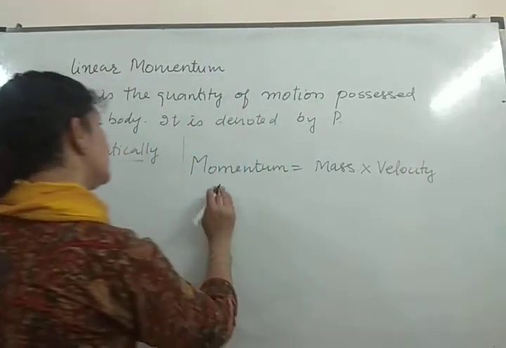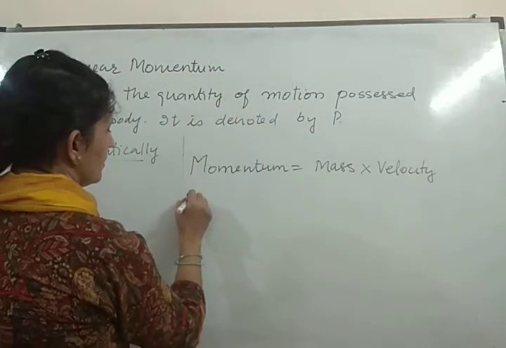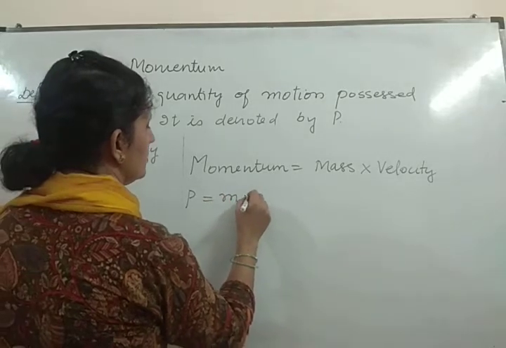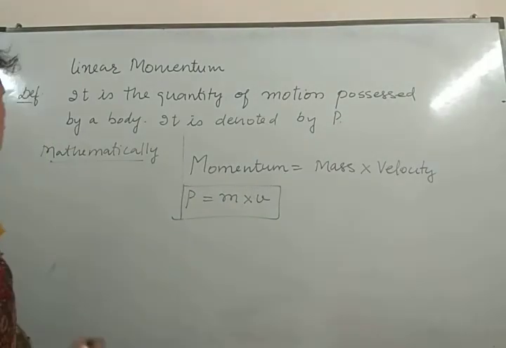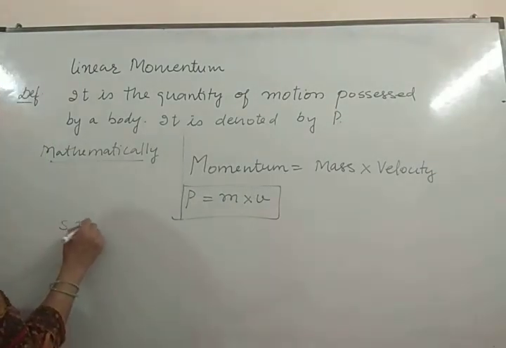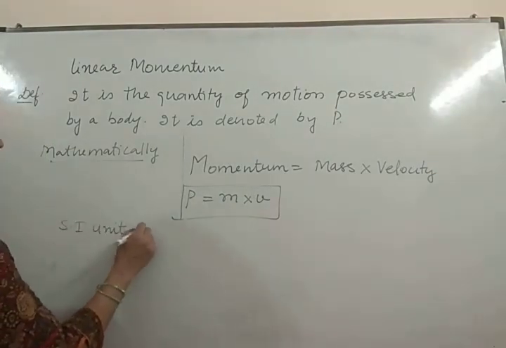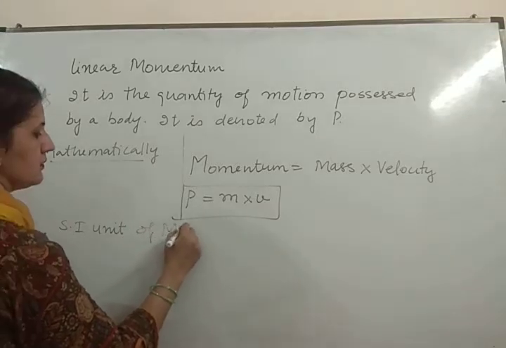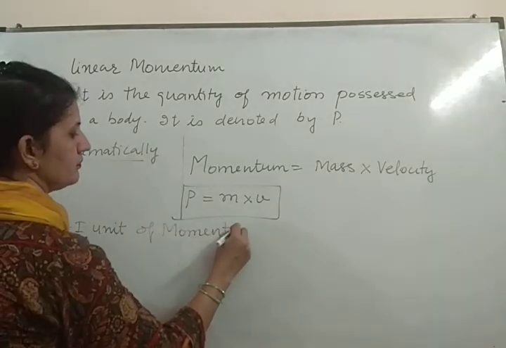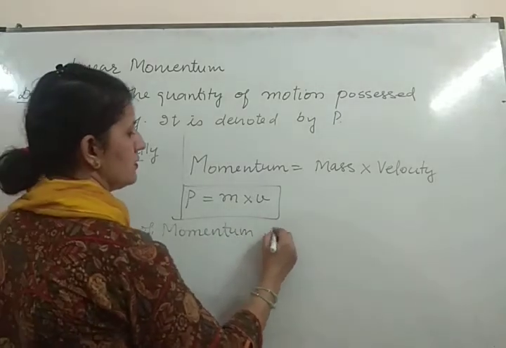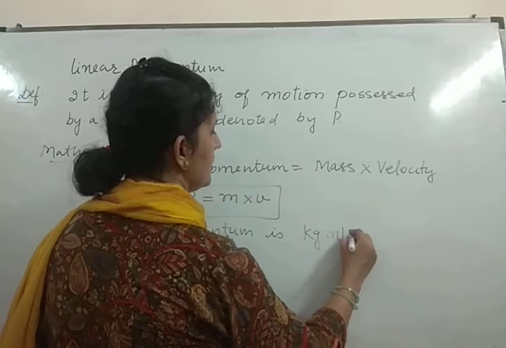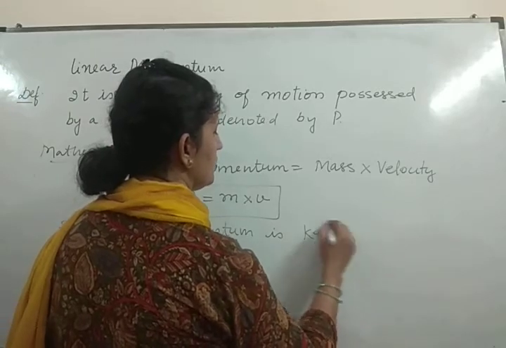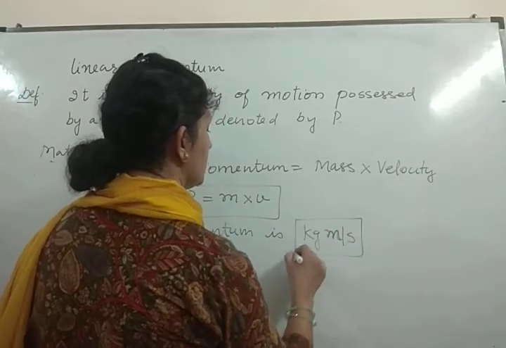This is not the definition; the definition is this. So you can write P = M × V, the product of mass and velocity. The SI unit of momentum: the unit of mass is kilogram and the unit of velocity is meter per second. So its unit is kilogram meter per second.